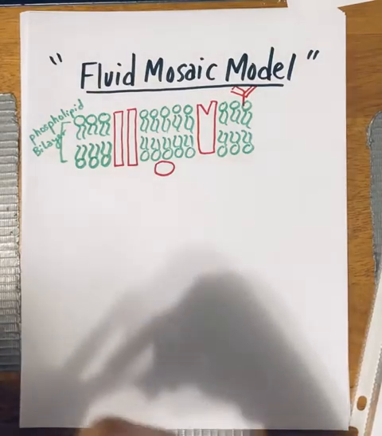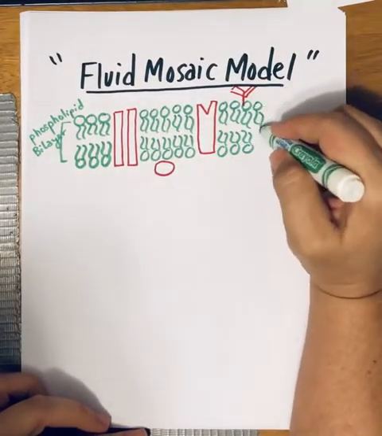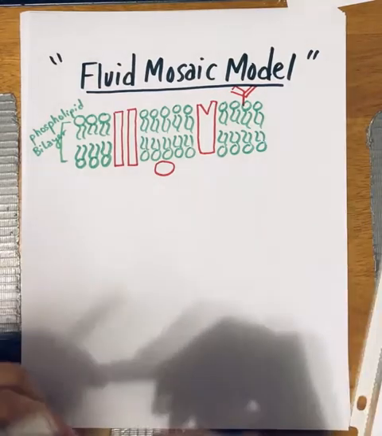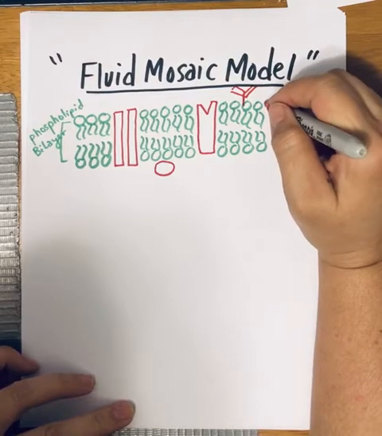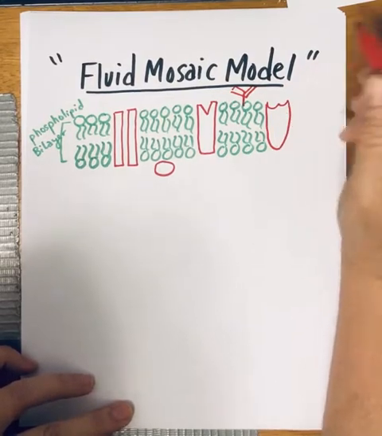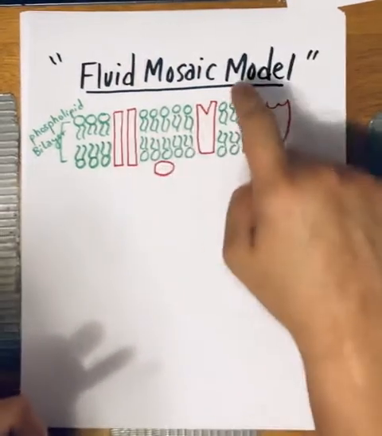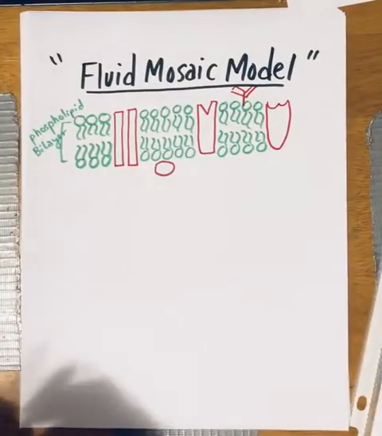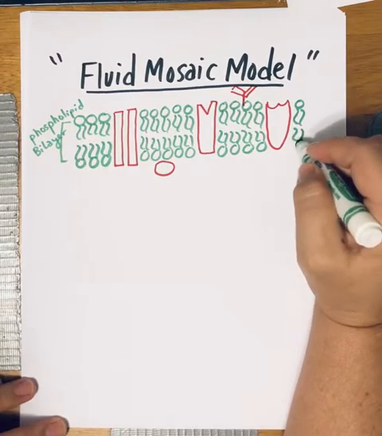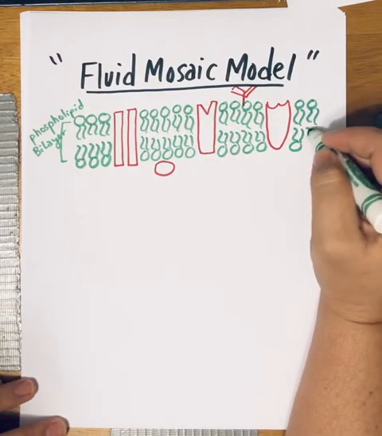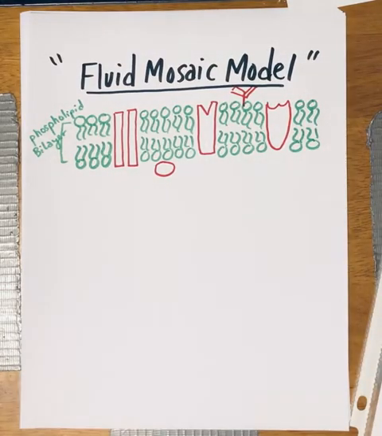It's got a different function. You can see that it's got a different shape to all the rest. Integral, integral, integral, peripheral, peripheral. So this is our fluid mosaic model. The plasma membrane, when you're in zoom, is a phospholipid bilayer with two major groups of proteins.